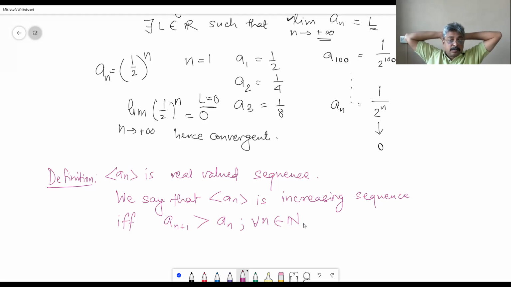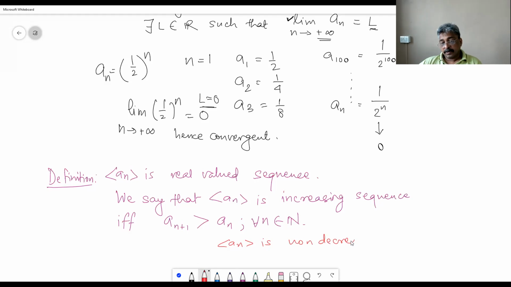Yes or no? That is what we will call an increasing sequence. Maybe when we want to say that An is non-decreasing, if and only if An plus 1 is greater than or equal to An. It definitely is not decreasing. It can continue to remain the same or it has to increase, for every n belonging to natural numbers.